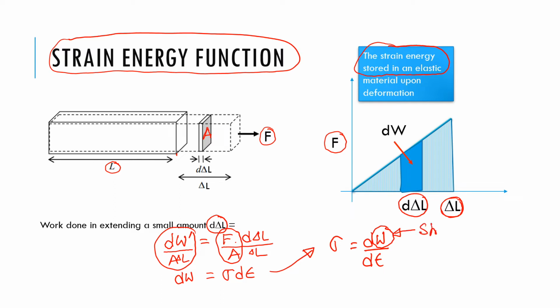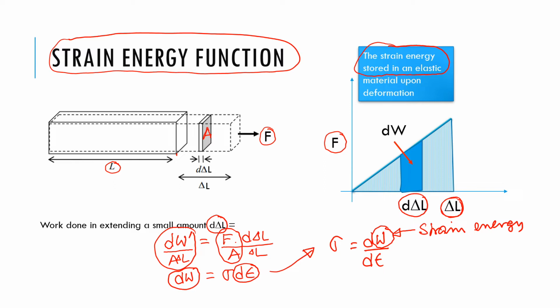W is the strain energy, and so you can see that it's going to depend on the material. W, the amount of work that you have to do to put a strain of d epsilon, that will obviously depend on what type of material it is.